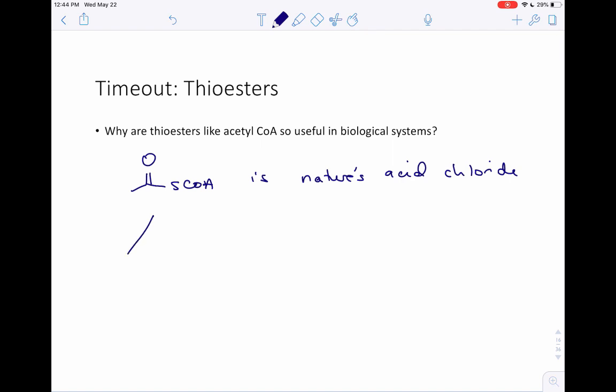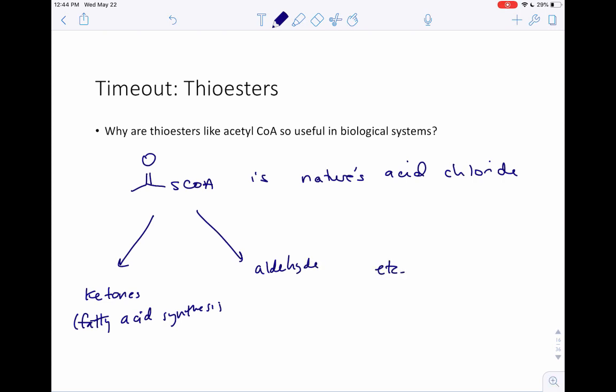You can turn it into ketones. It's like you could turn an acid chloride into a ketone. You can turn a thioester into a ketone. This is really important in fatty acid synthesis. It can be turned into an aldehyde, etc. So the thioester is nature's acid chloride. You also see it behaves like an ester. It can do Claisens.